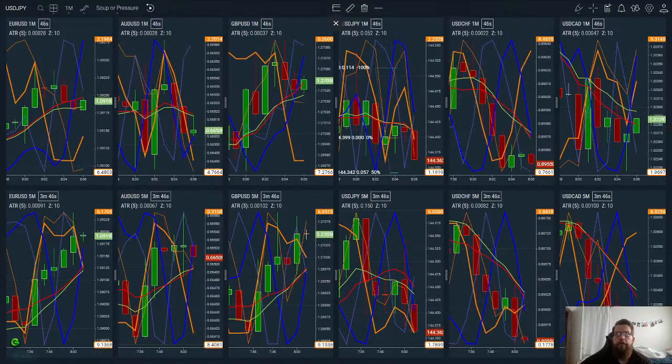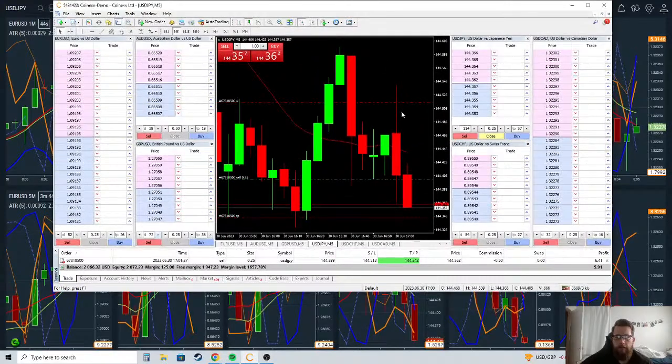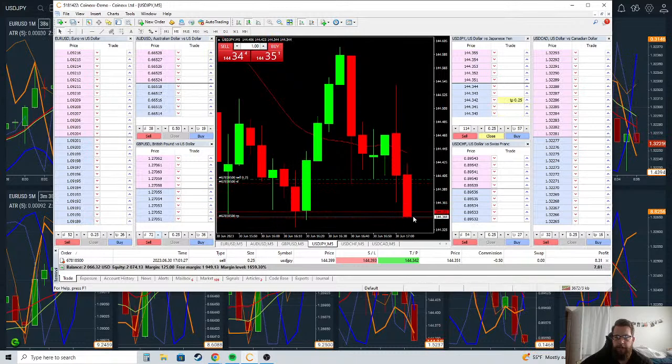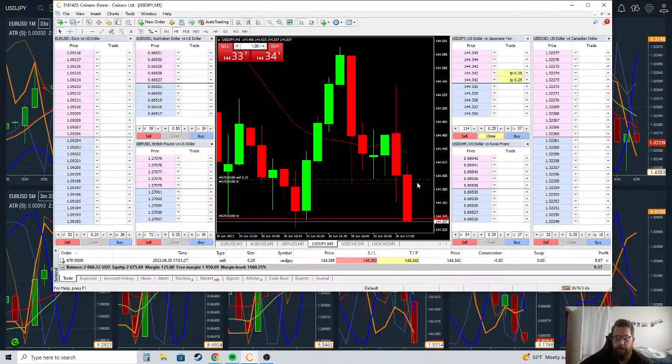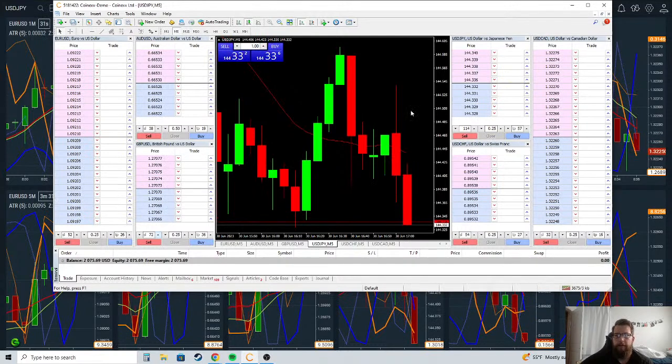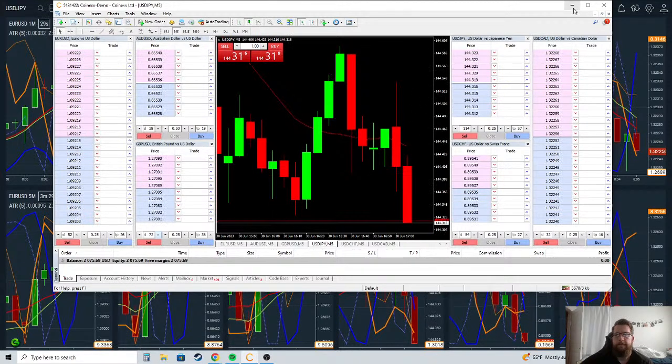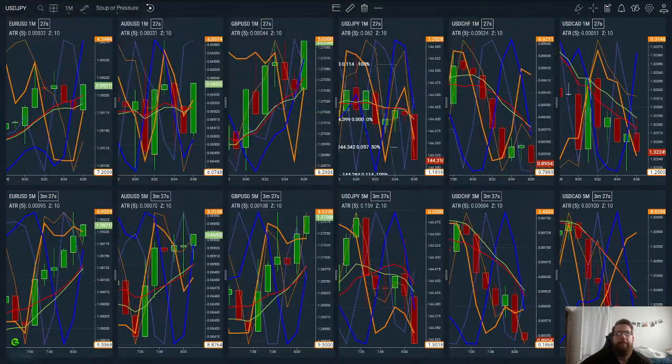Okay, I'm gonna move my stop loss to break even. So now we have zero chance of losing money, it looks like. Oh, so close. There we go. Got it. Bueno.